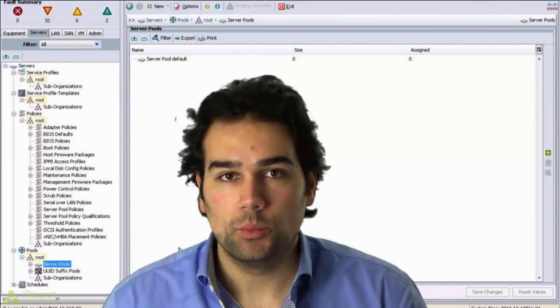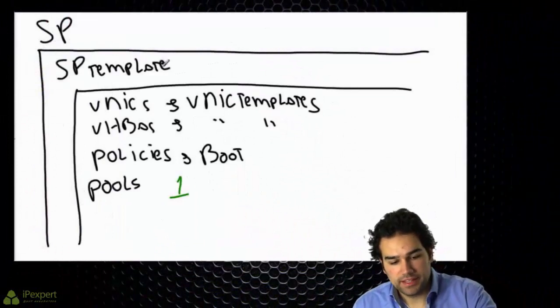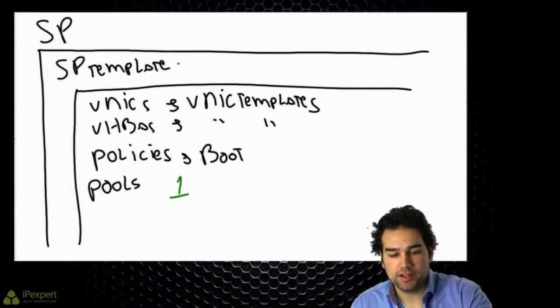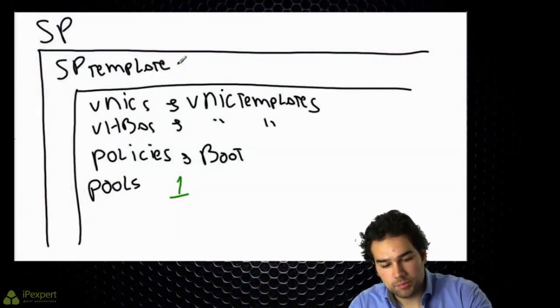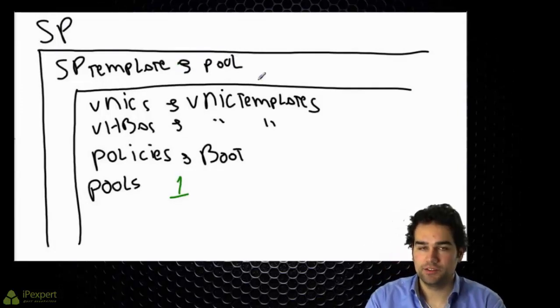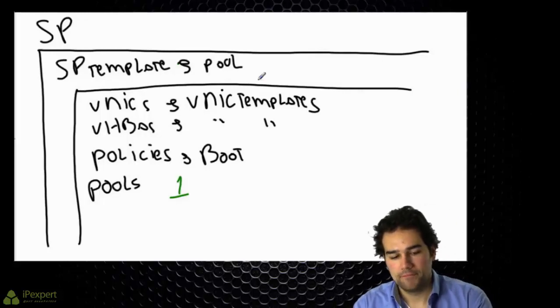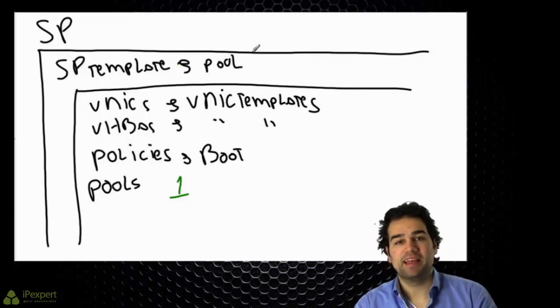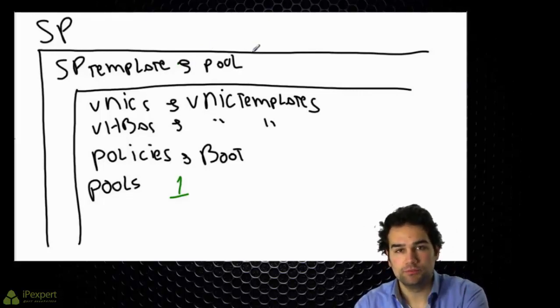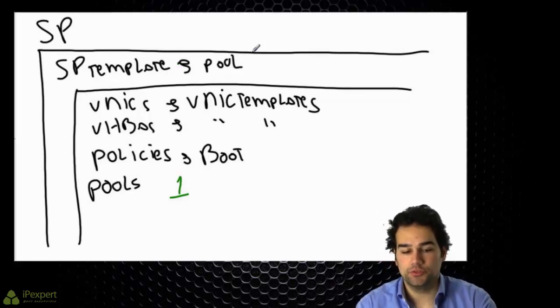What I can do then, when I have a service profile template, is I can say, instead of just applying it directly to a server, I can say apply it to a pool of servers and automatically generate a number of service profiles according to the amount of servers in the pool. So that service profile template can be connected to a server pool, and then I'm going to automatically assign servers as soon as I create a service profile.